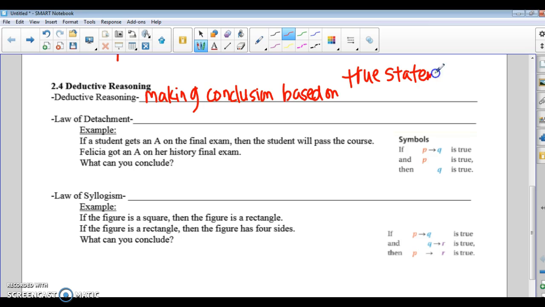Okay? So it's not based on the pattern. It's not based on your observation. It's not based on your experience. It's based on true statements. And it can be based on a theorem, or it can be based on postulates.